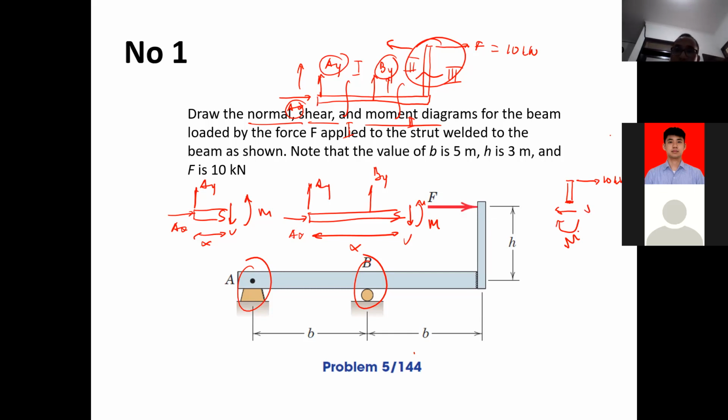Because sometimes there is a question like this, okay, where you have to find the diagram here as well. Okay, Reinhard, can you catch up with this one? Yes, sir.